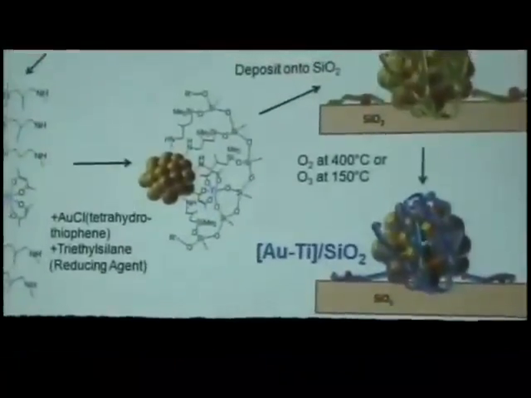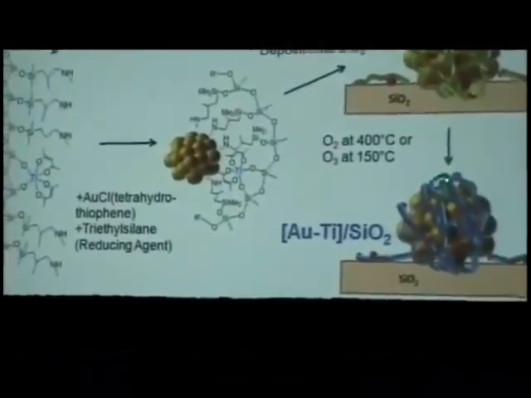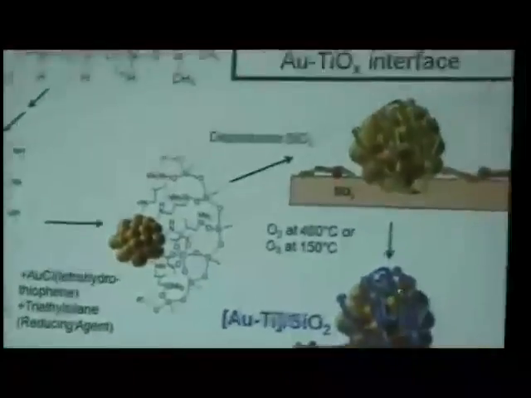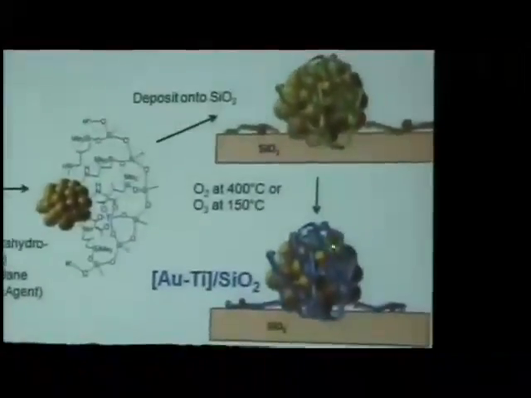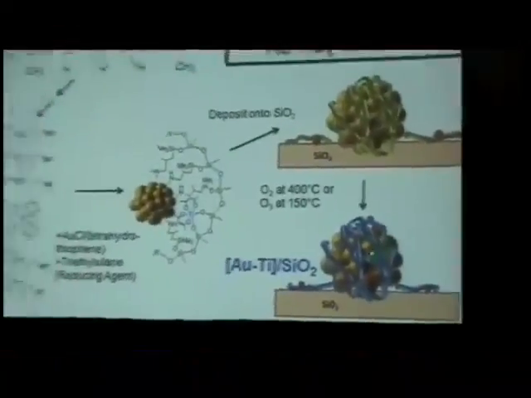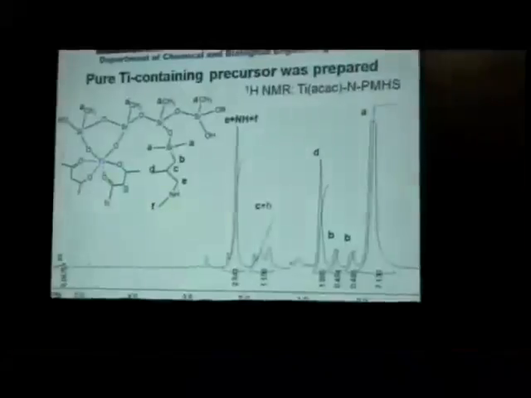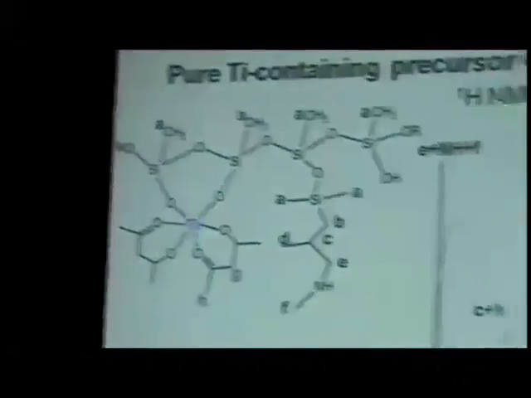It's like the gold cluster with silica. After we burn off all the organics, this will become a silica patch, or silica domain, and on that we'll have the titanium material. So this is the ligand, and we can use NMR. In this case, it's the proton NMR.